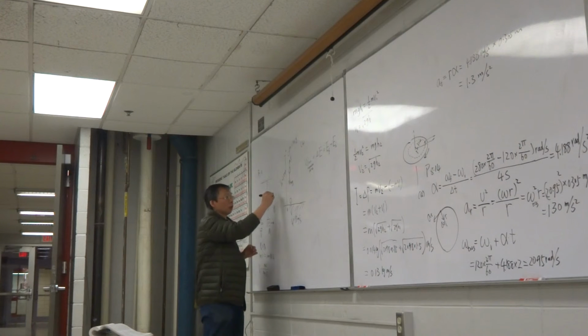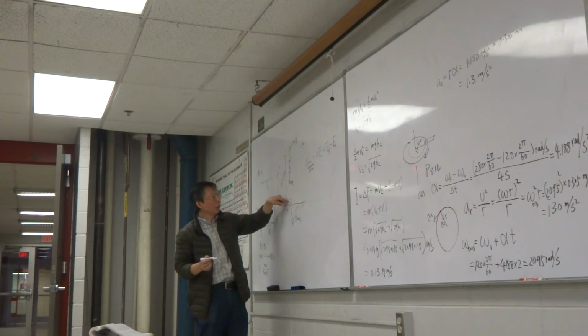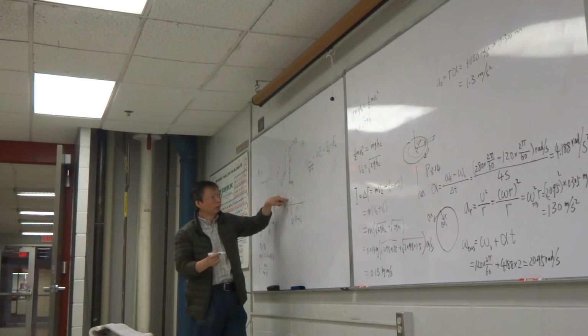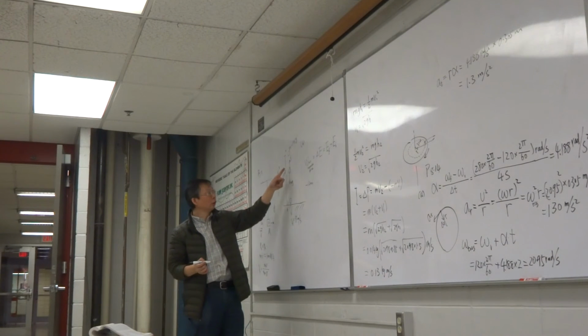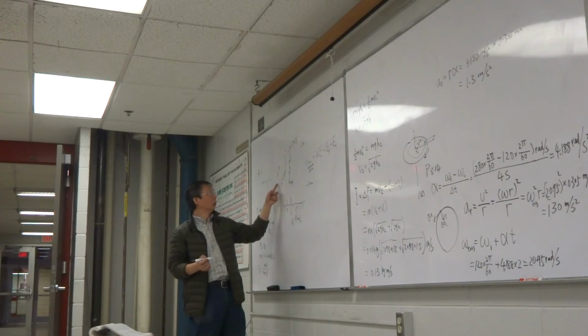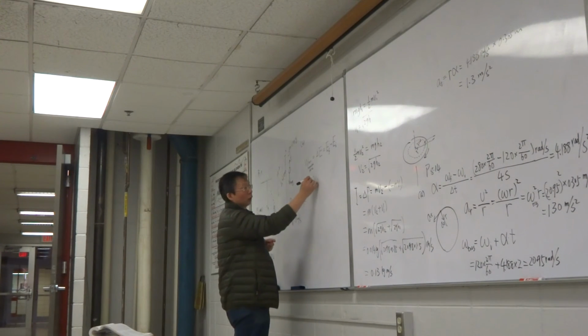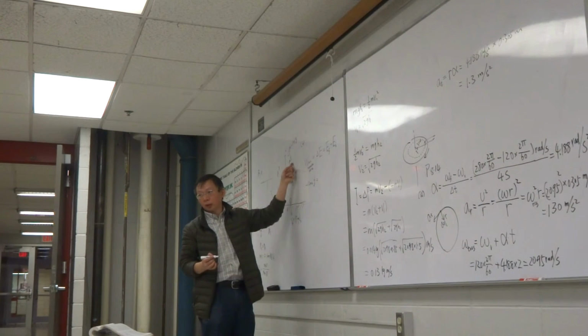If we choose the upward direction as the positive direction, then the displacement is negative, negative 12 meters. Then the force is positive because the force is in the upward, positive direction. So the work done by that force F is negative 12 times F.